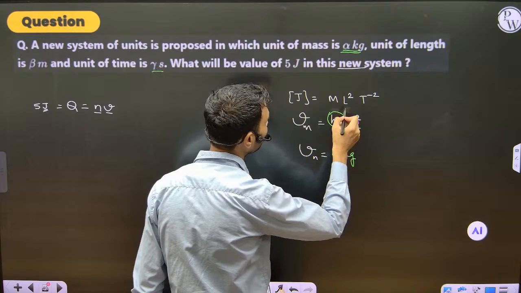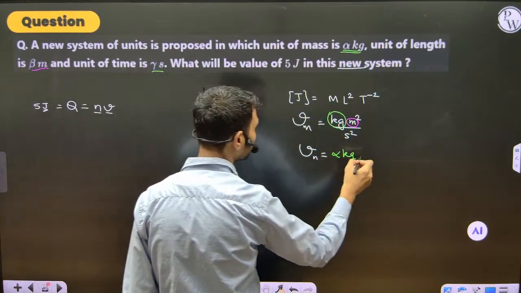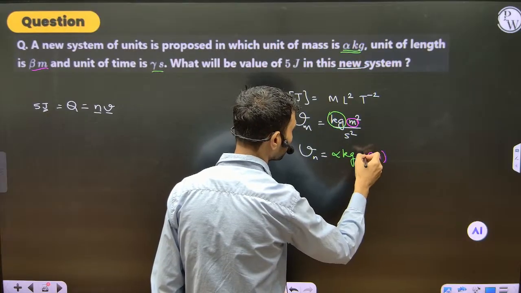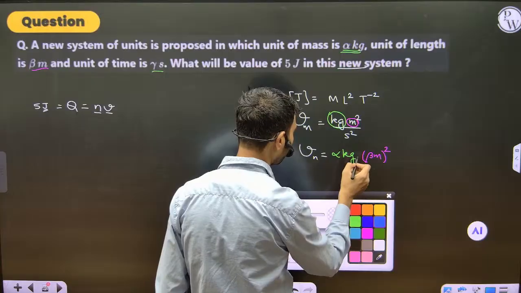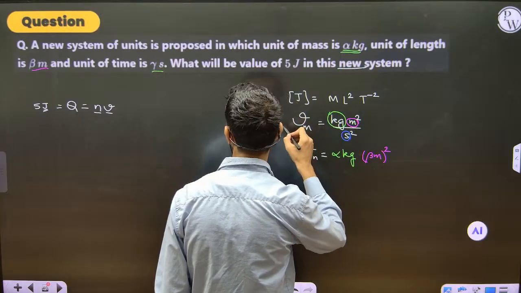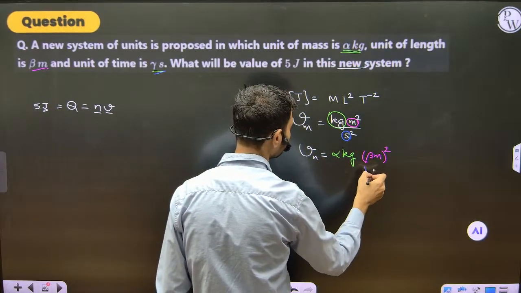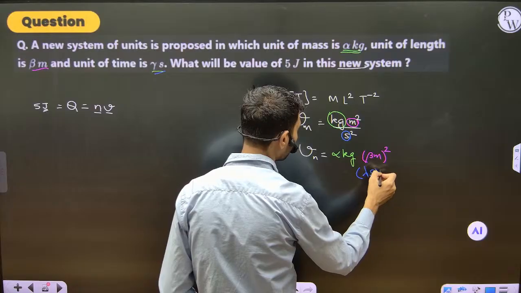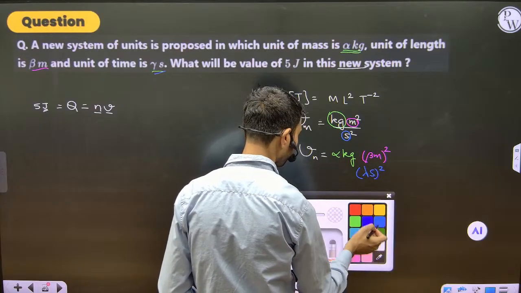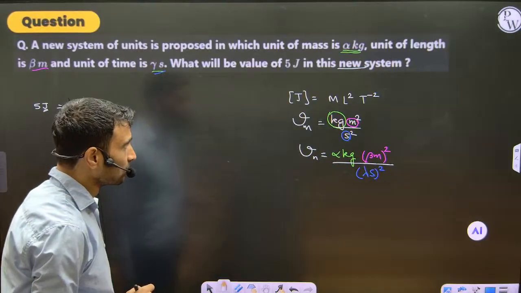Instead of meter, we have beta meter. Instead of second, we have gamma second, all whole square.